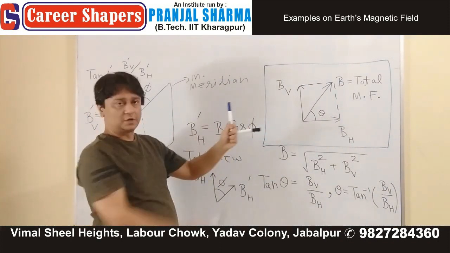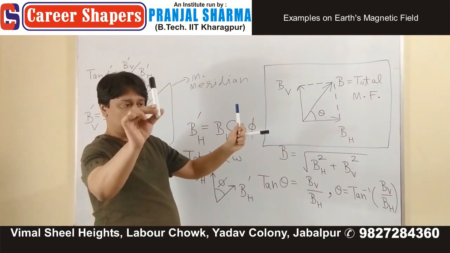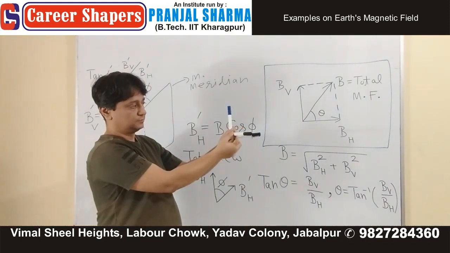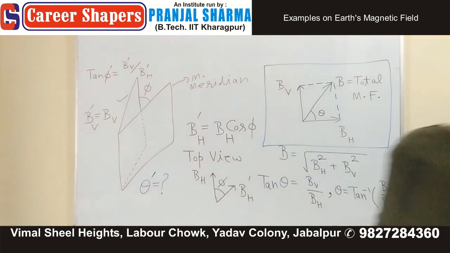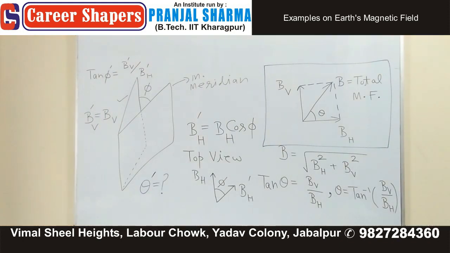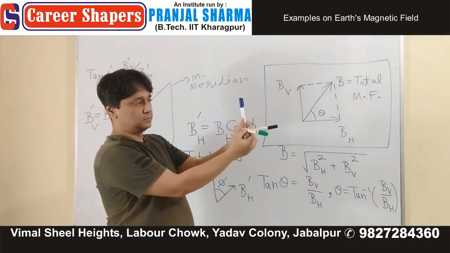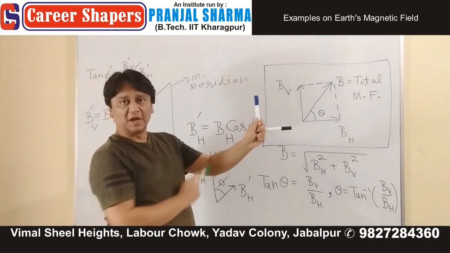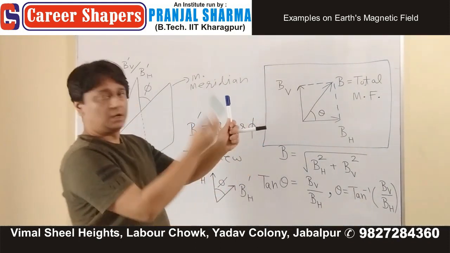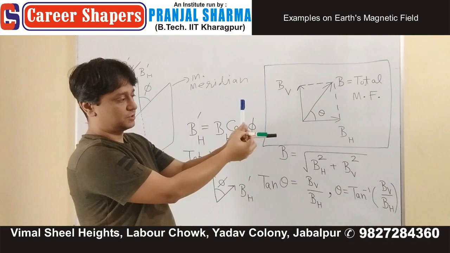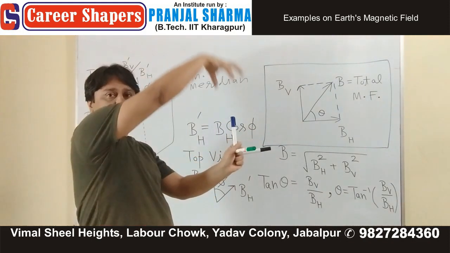Vertical, horizontal. This is BH dash. And this green marker, BV, BH, and the green marker is BH dash. This is the top view.